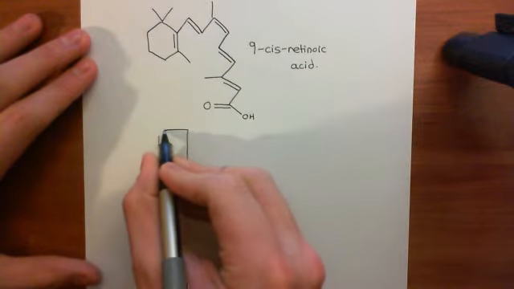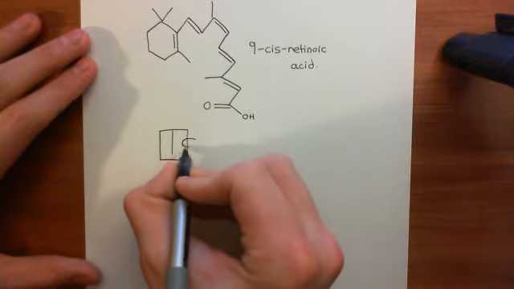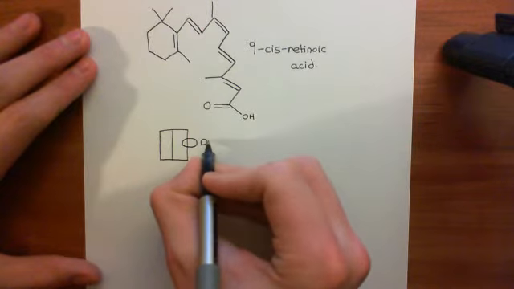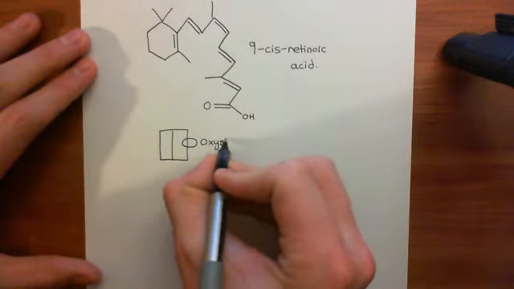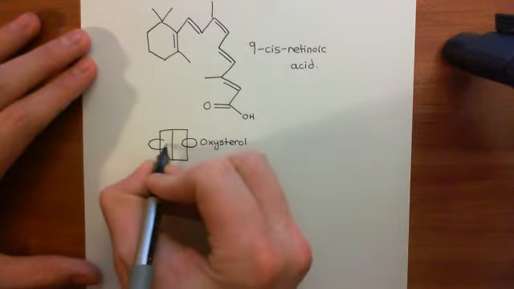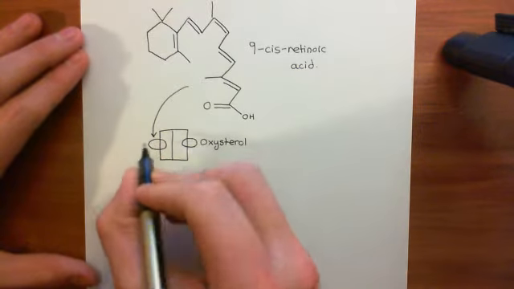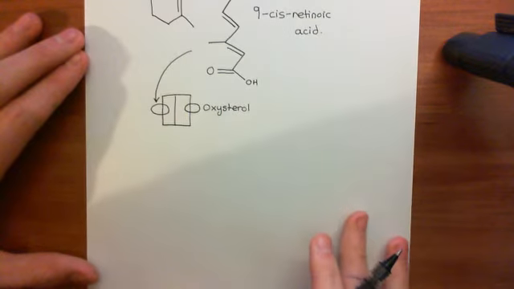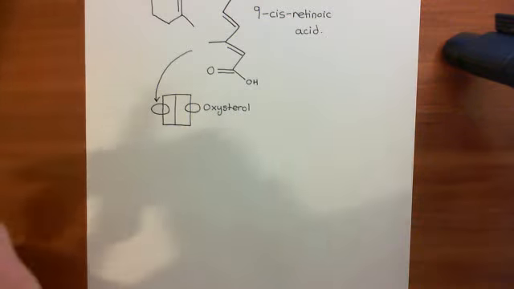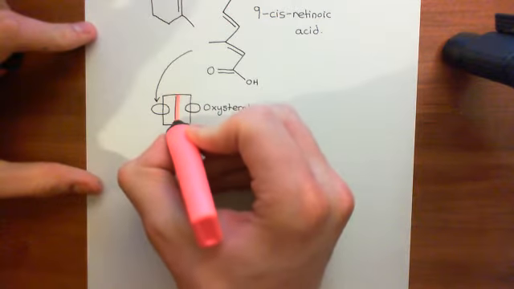So here is the dimer again, and now both of them have ligands bound to them. Here is the oxysterol, which is bound to the liver X receptor, and here is the 9-cis retinoic acid. Its structure's been demoted somewhat. It's now being represented as an Easter egg kind of shape, but that's what we're doing.